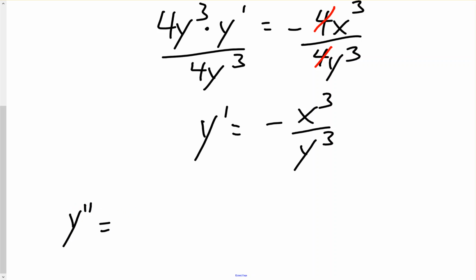Okay, so second derivative, so this will be a quotient rule. So we have denominator times the derivative of the numerator.